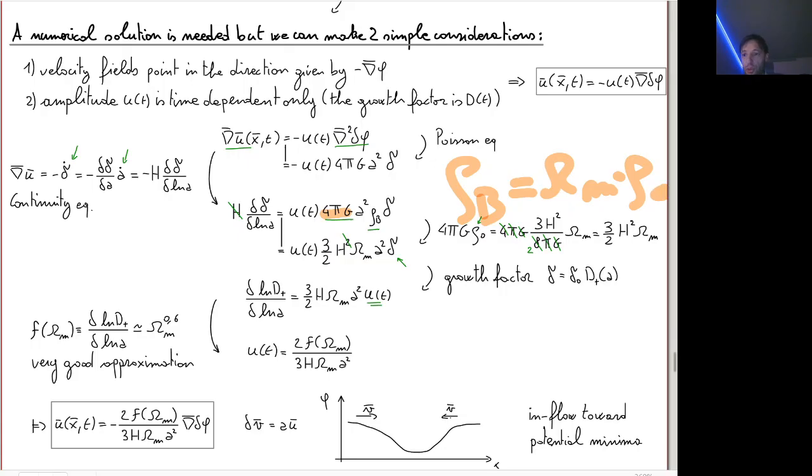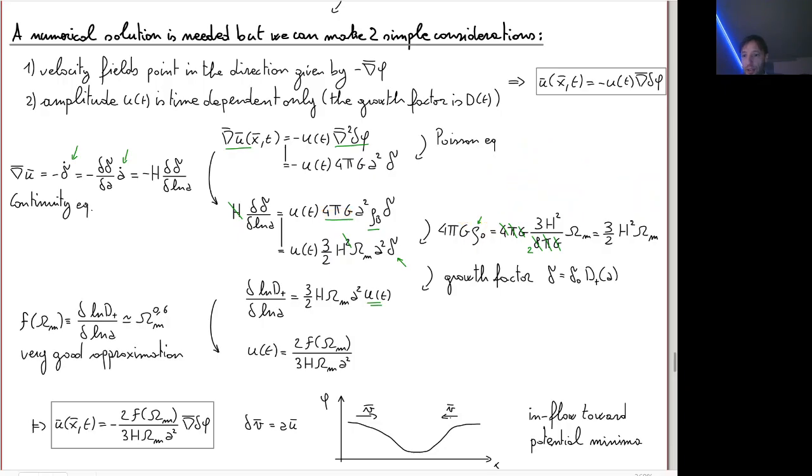So I'm just using the definition of omega_m, and I obtain this expression here. There are a few simplifications that take place. Therefore, all of these terms here are going to be substituted by that, and they pop up here.